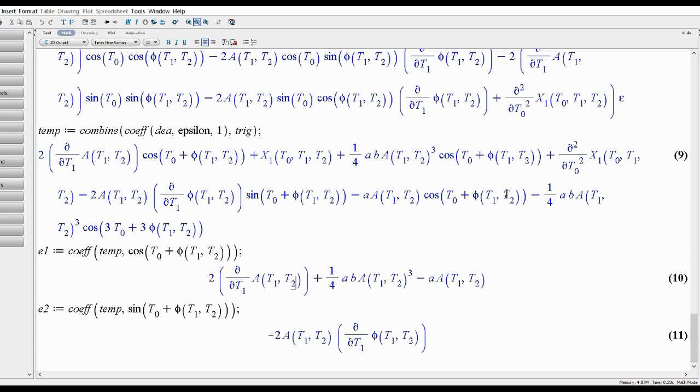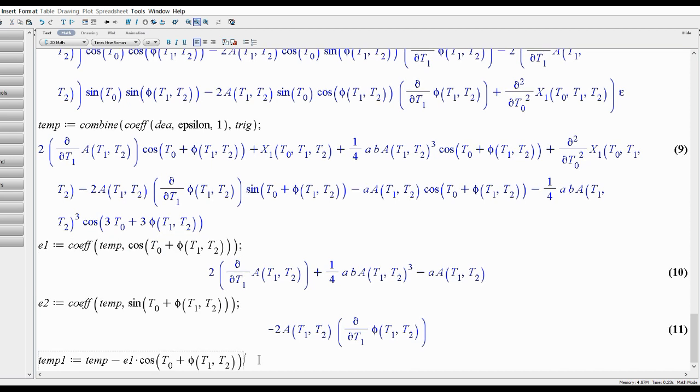But what is also important is what remains in temp after we set the secular terms equal to 0. And so we say temp1 is equal to temp minus E1 times this cosine minus E2 times the sine.